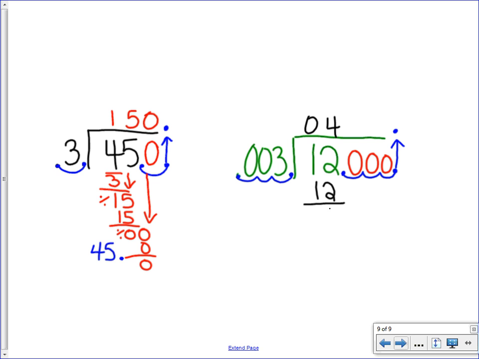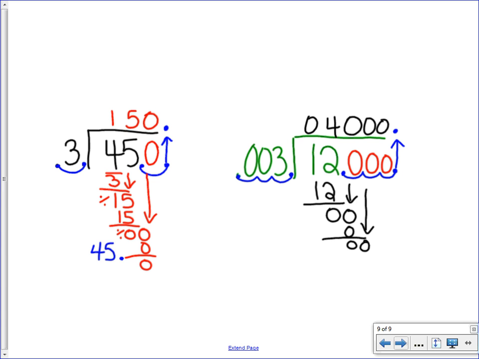Multiply, subtract, bring down. 3 goes into 0 0 times. 0 times 0 is 0. Bring down. Well, what we're going to notice is with all these zeros, they're all going to be zeros because 3 doesn't go into any of them. My answer is 4,000, and it's a whole number because of the placement of the decimal.